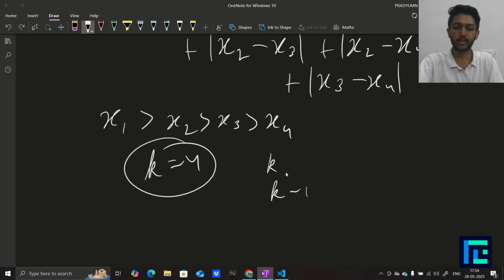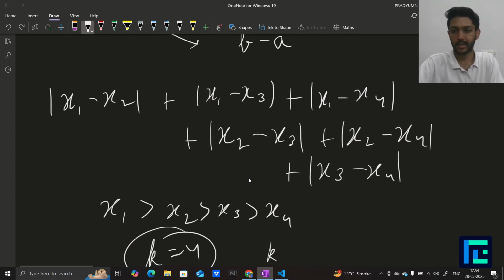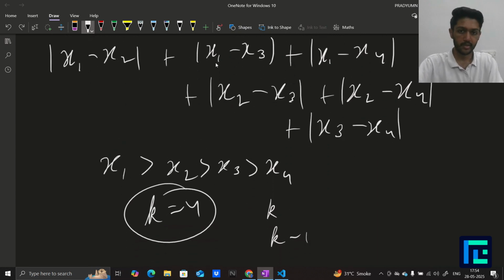That makes sense because x1 has to come with every other number. Every number has to come with every other number. So x1 will come in k minus 1 pairs because there are k minus 1 other numbers. Like x2, x3 and x4, there are 3 other numbers. So x1 has to come with them, right?